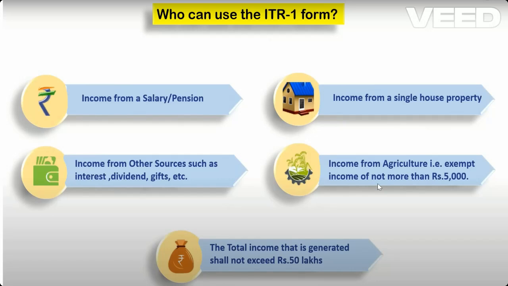Everyone who is salaried or has pension income, income from a single house property, income from other sources like interest, dividends from stocks, or gifts received, and agricultural income that is exempt of not more than 5,000 rupees, and total income not exceeding 50 lakhs. Otherwise, you need to select a different ITR form.